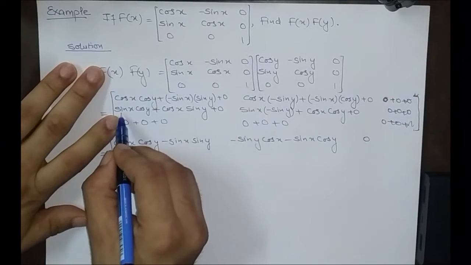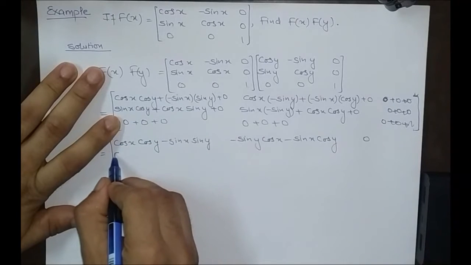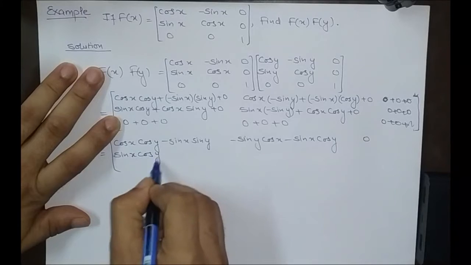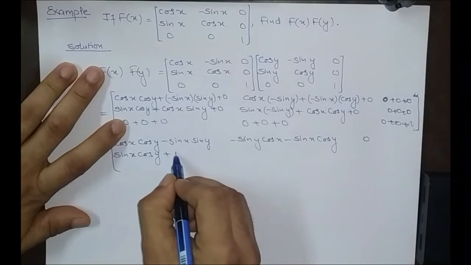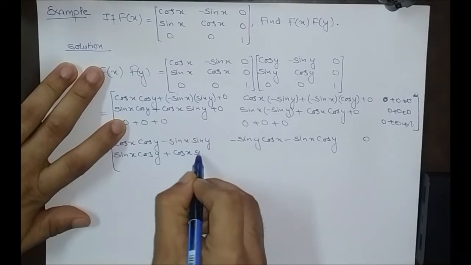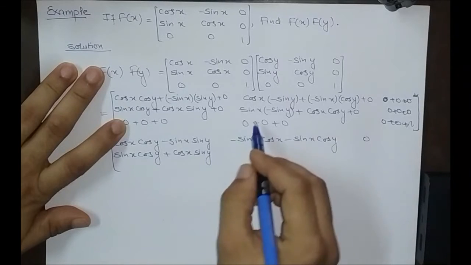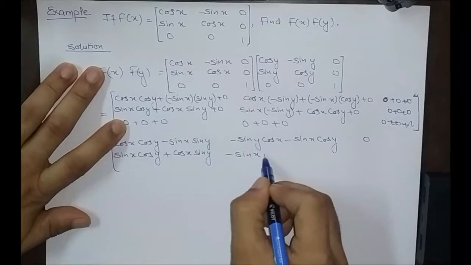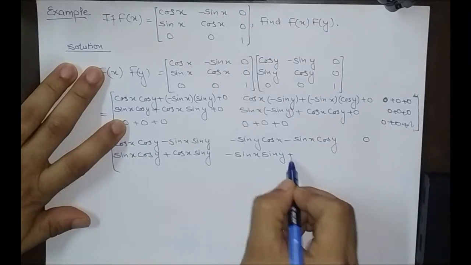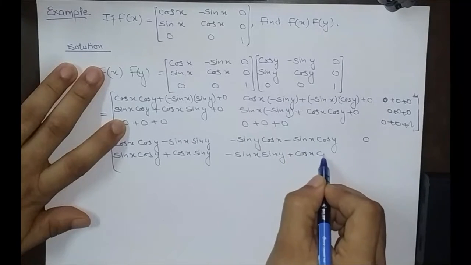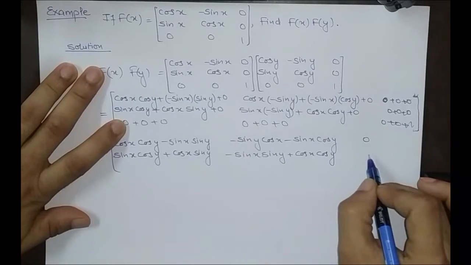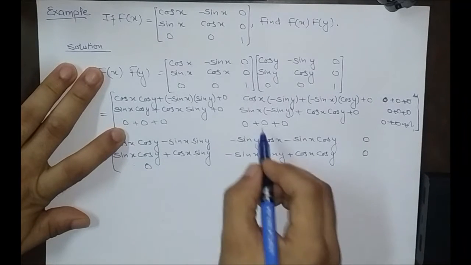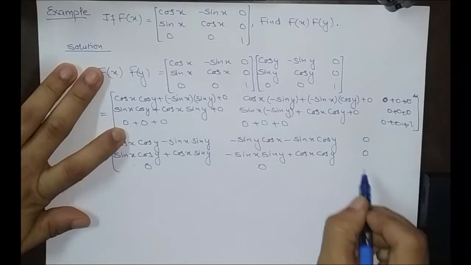This is sin x cos y plus cos x sin y. This is minus sin x sin y plus cos x cos y, 0. This is 0, 0, 1.